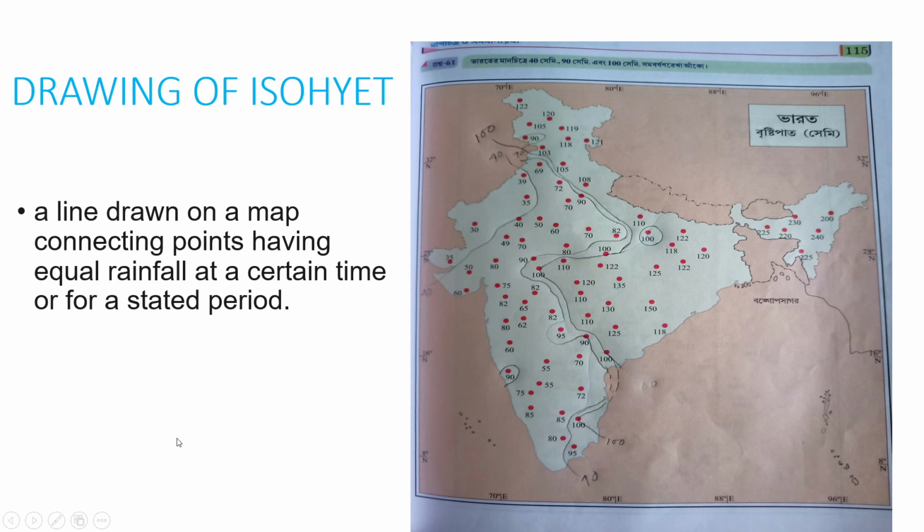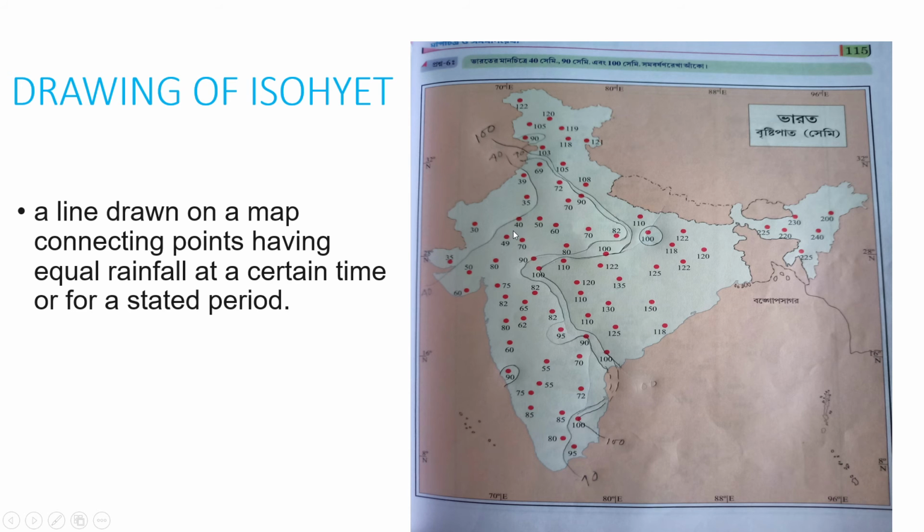Isohyet means a line drawn on a map connecting points having equal rainfall at a certain time or for a stated period. Okay, so this is a map of India and it demarcates rainfall in centimeters. Okay, it is written in Bengali. Vrishtipat in cm means rainfall in centimeters, and we have to find out 90 centimeter here, 40 centimeter and 100 centimeter.